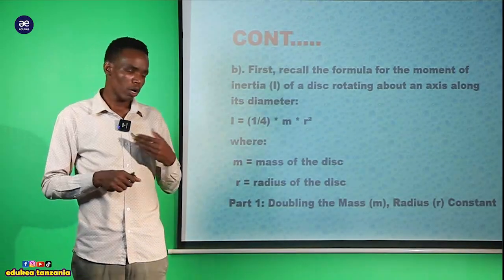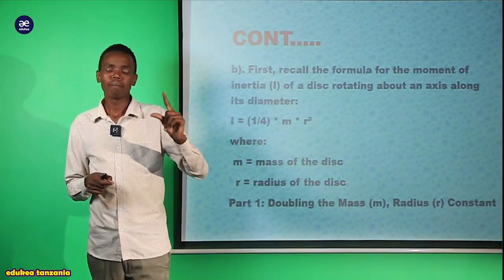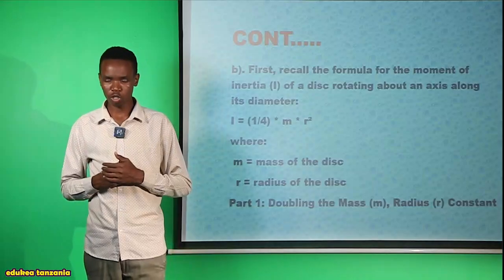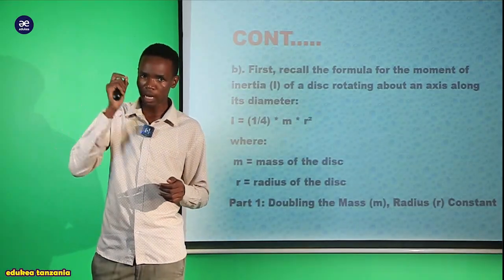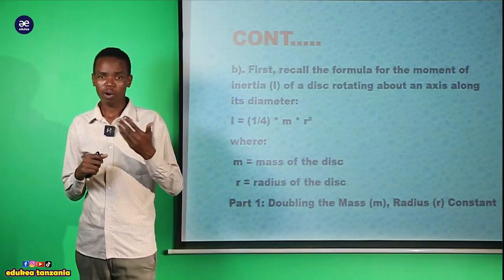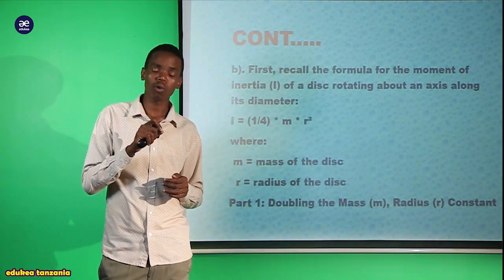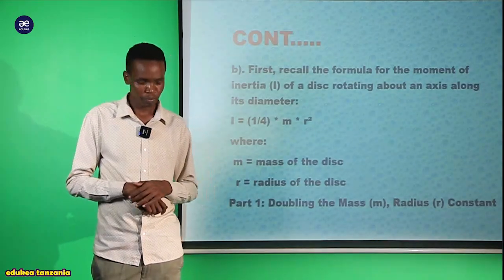If we double the mass, the moment of inertia will also double, increasing by twice. But if we double the radius, because there is a square, the moment of inertia will be 4 times the original one.